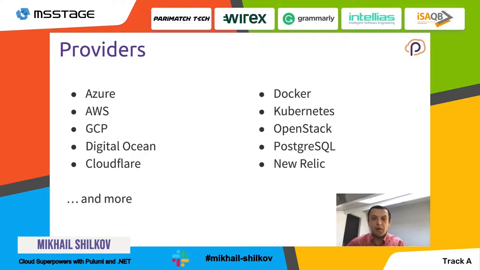So you could manage your Docker images, upload them to container registries, deploy them to Kubernetes, create resources in Azure, all from the same program or same set of programs in Pulumi, and put a dashboard on top of that, which is quite powerful.